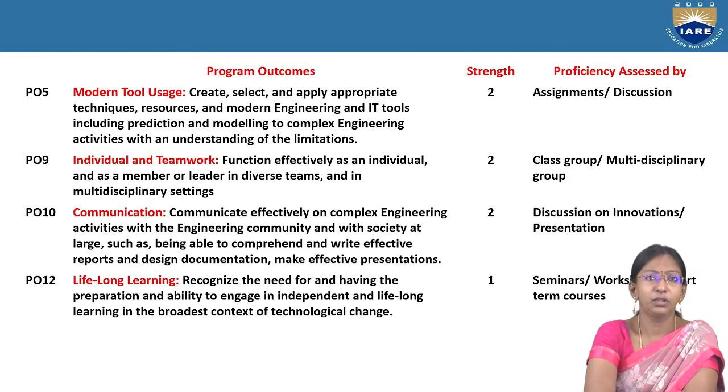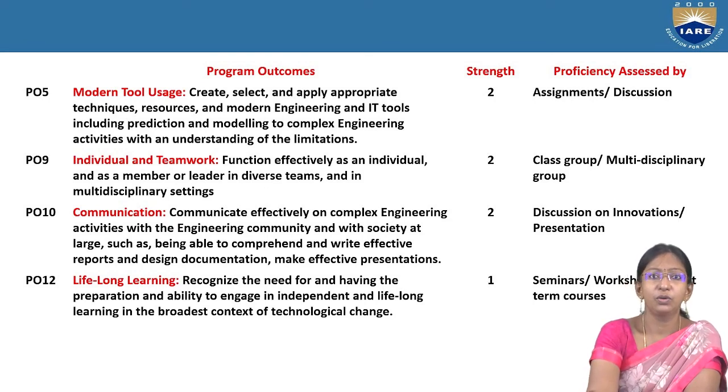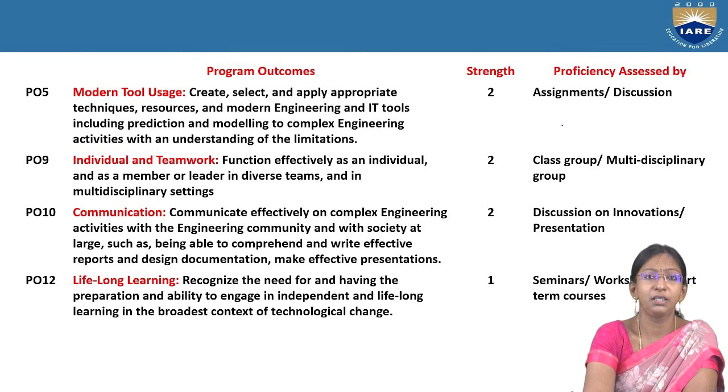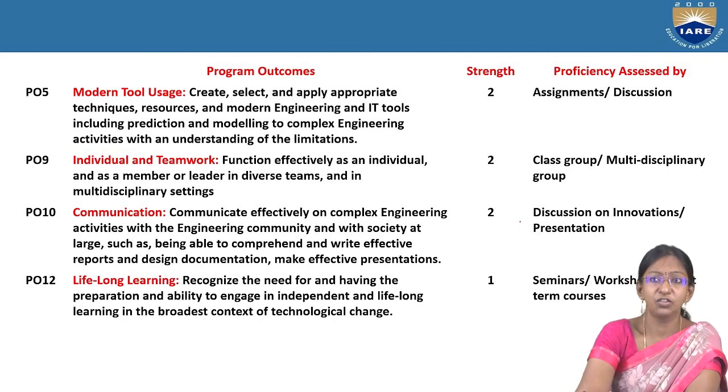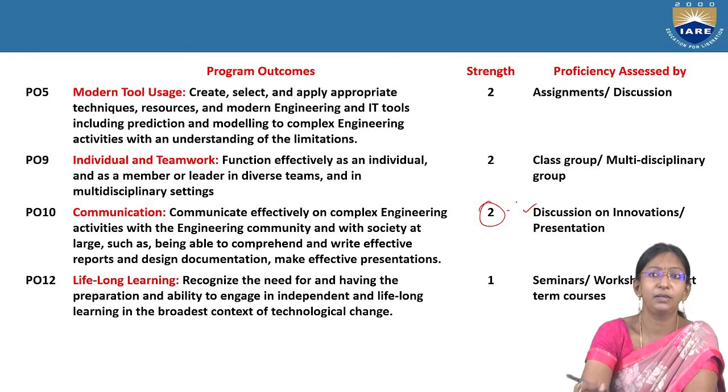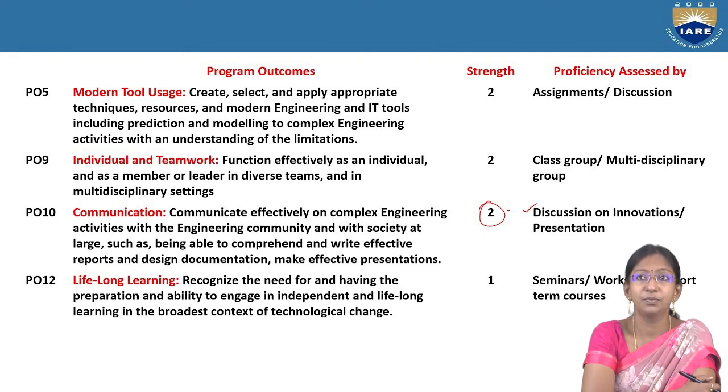Next, PO9, that is individual and teamwork, which we can do in class by dividing into groups or multidisciplinary groups, giving them a task and evaluating their performance. Next is communication: communicate effectively on complex engineering problems through discussions on innovations and presentations. We are going to evaluate it, right? These are the assessments, guys.